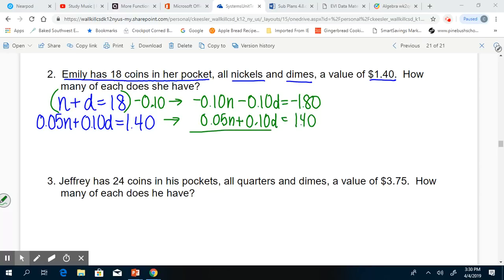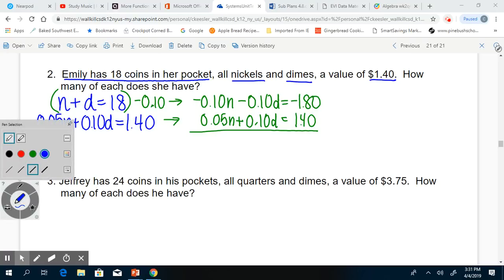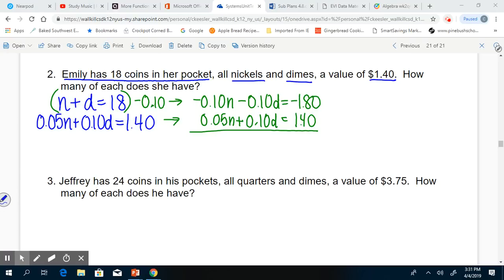And now we're going to use the process of elimination to solve for those two variables. So negative 10 cents N plus 5 cents N gives us negative 5 cents N. The 10 cents cancel out. And we're left with negative 180 plus $1.40 is negative 40 cents.